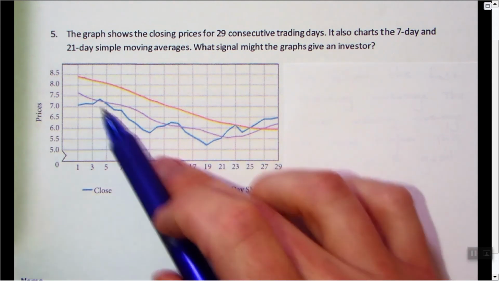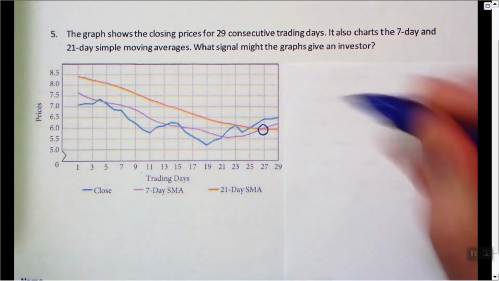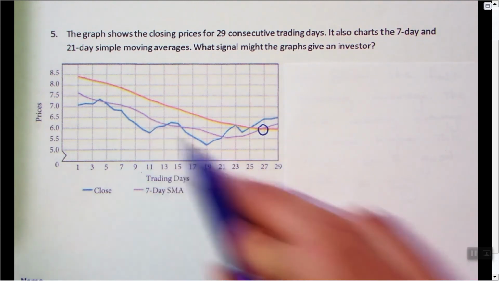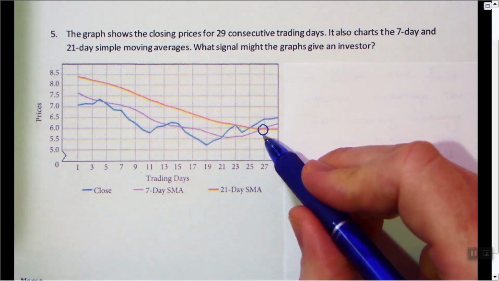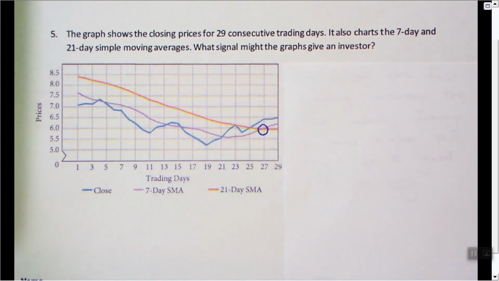And we notice that right here on about day 27 there's a crossing of the two simple moving averages, the 7-day and the 21-day. Now, there's no place in investing where it's guaranteed, hey, this is the time to do something, but a crossover, when the simple moving averages cross, that might be a signal that could give investors an idea, okay?